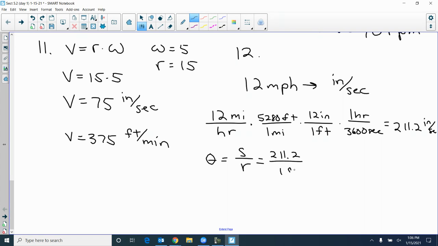What is 211.2 divided by 18? That is 11.73 repeating. And that would be radians per second. Well, that's obviously not the answer, right? Because it says for how long did the tractor travel? 12 miles. That was the speed. Wait.